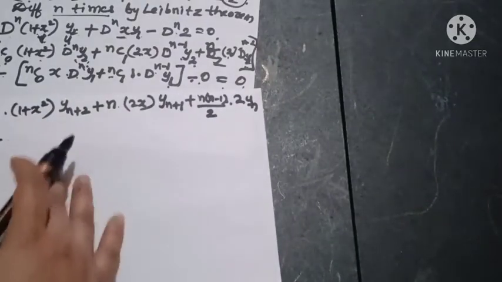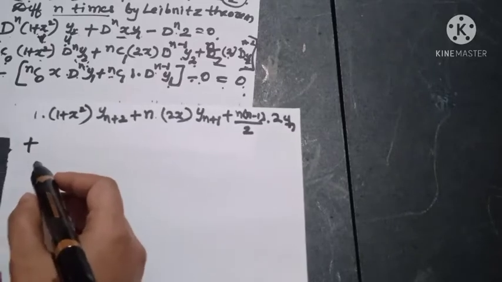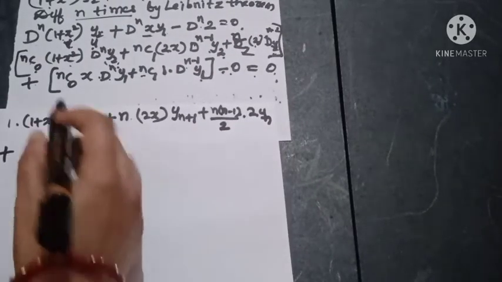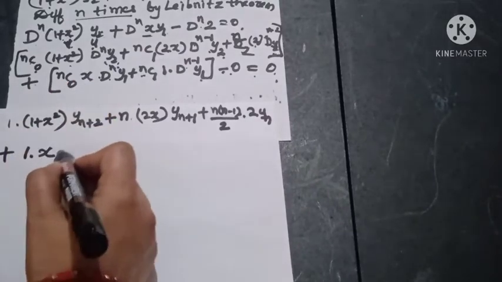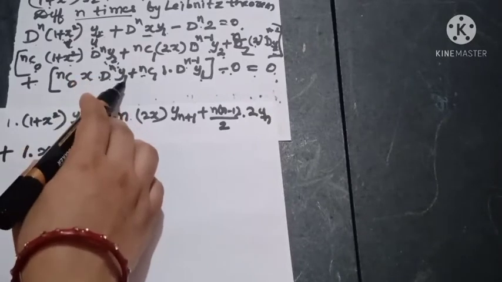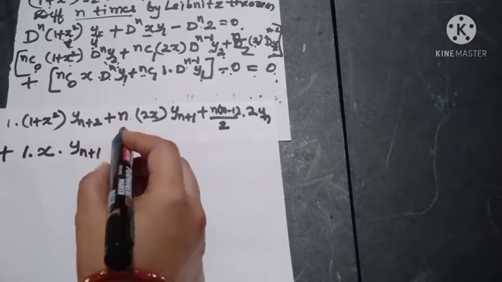Plus again, now here also there is nC0, which is 1 into x as it is. dn of y1 is just add these two, n and 1, you get n plus 1.